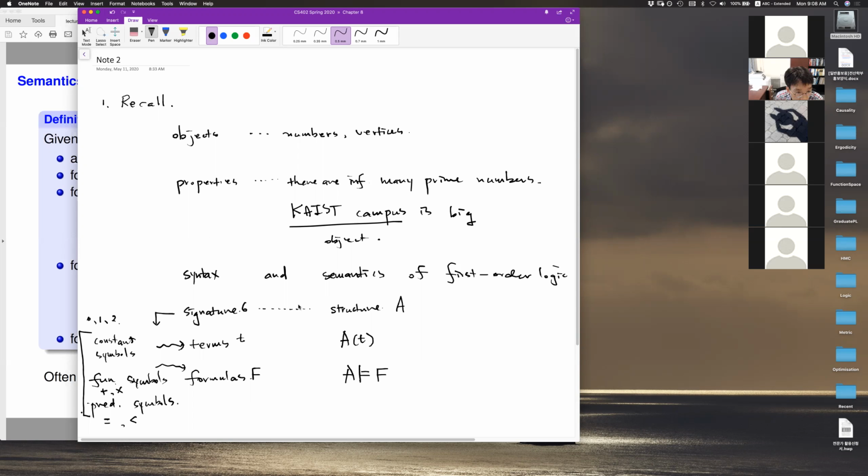Okay, so just like the syntax has these three layers, signature, terms, and formulas, on the semantic side we have a structure which provides a meaning for signatures, and also the interpretation of terms, which we're going to talk about soon, and also the interpretation of formulas. Last time we talked about structure, and a structure consists of 4 parts, actually 5 parts.